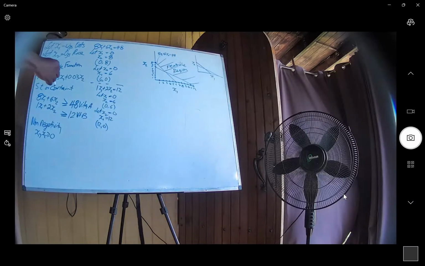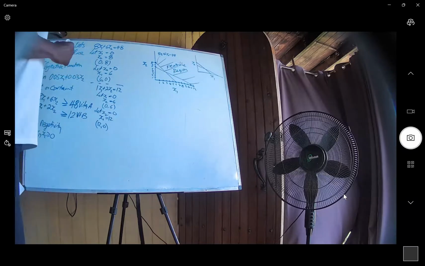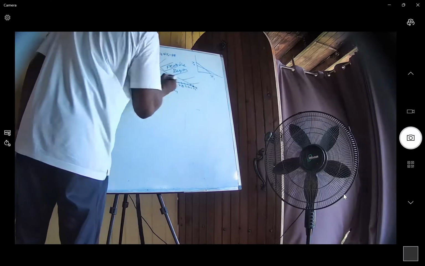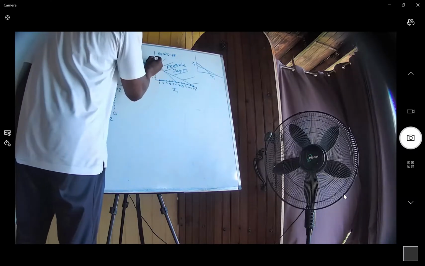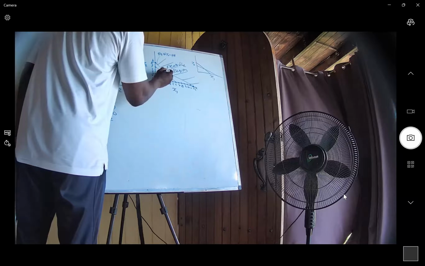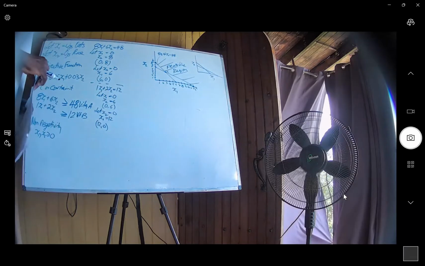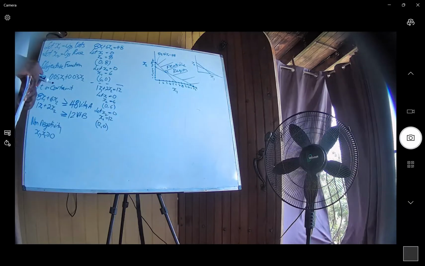Once I've found that, I now need to label my corner points. Corner points are going to be A, B, and C. See it? That's my corner points.